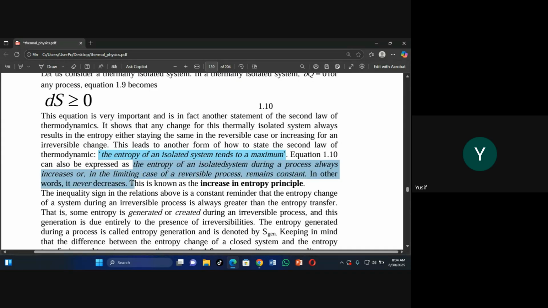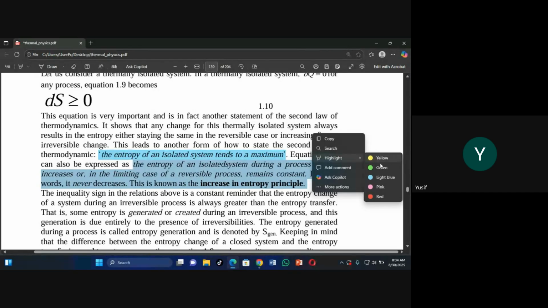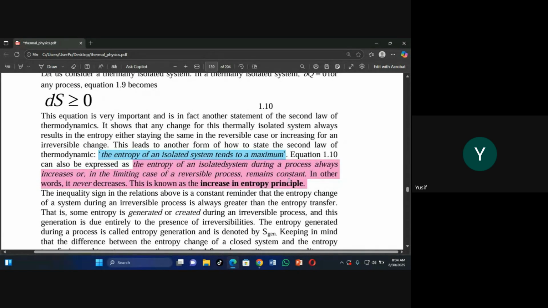So this statement is known as the increase in entropy principle. Please take notes. Take note of the increase in entropy principle.